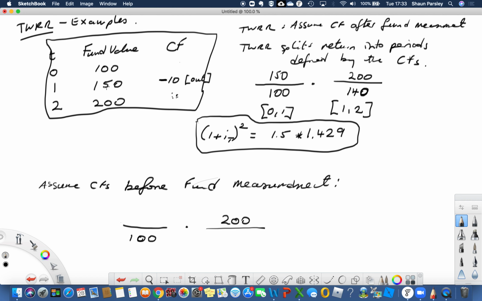That means it came off first, then we measure the fund. So the fund just before the cash flow came out was 160. Now we've got period 1 there. Put that on the bottom so you know the time interval. On this one, we measure between 1 and 2. The 150 is after the cash flow now, so we don't need to do anything to that.